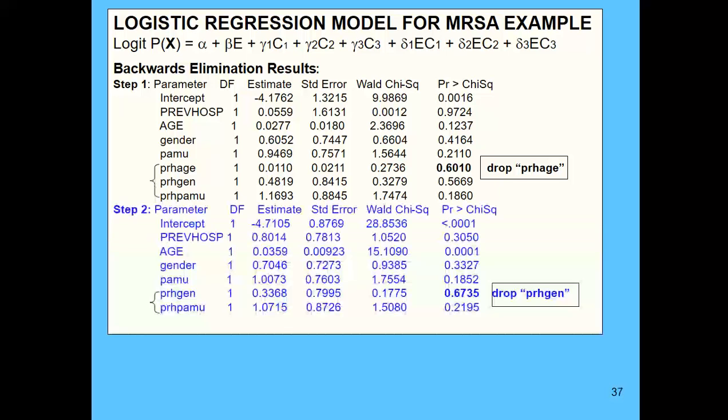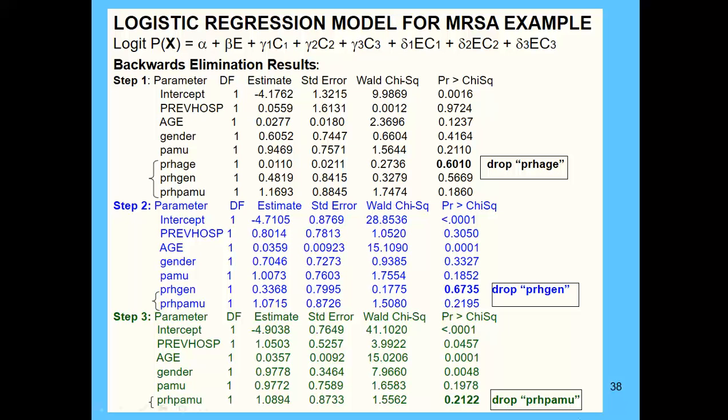Okay, here's the next step. I've now got rid of PRH age, and I've got these 2 left. That's step 2. And you notice this is the highest p-value, and it's not significant, so I drop this one, right? You agree with me? I'm doing the Wald test. Okay. Now, here's the 3rd one.